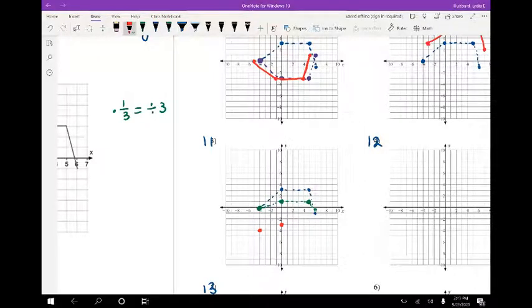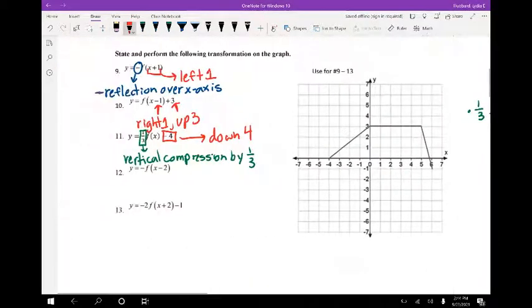Second point will go here. Third point will go here. And the fourth point is going to be kind of hard to see, but it'll be right about here. And then we connect our points. So that is what our final graph should look like.